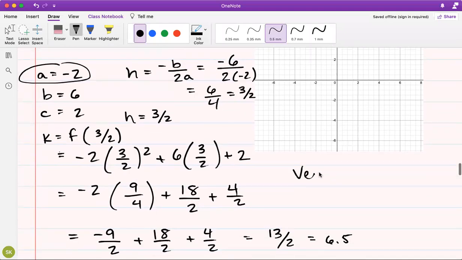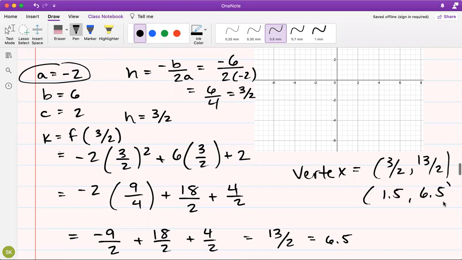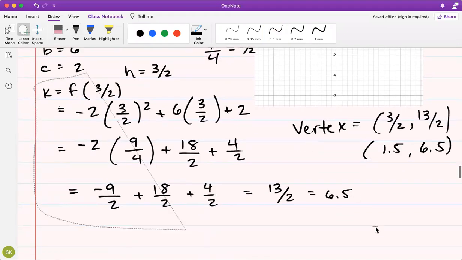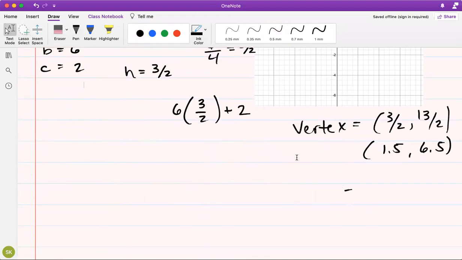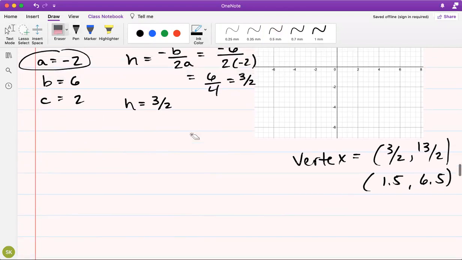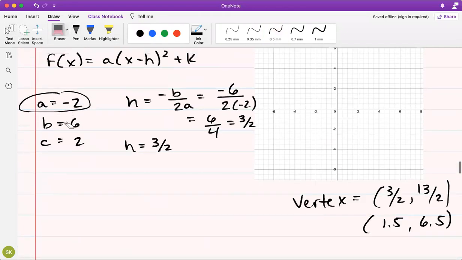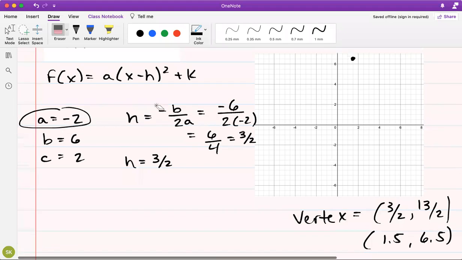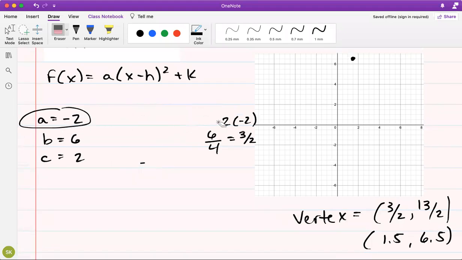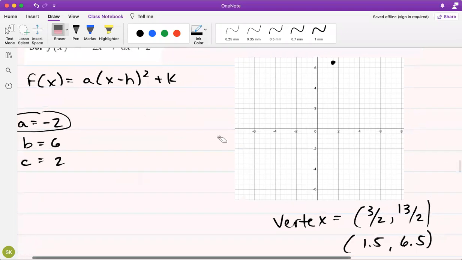So vertex is 3 over 2, 13 over 2, and we can write it like this as well, 1.5, 6.5. Okay, now the graph, a is negative, so it's pointing downward. So we should expect that here, pointing downward.